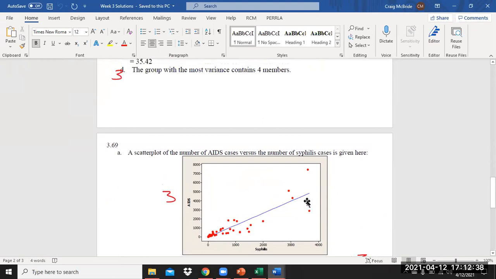And if it doesn't, you could go through your data and find them, right? Because all you're looking for are syphilis scores at basically 3,000 and above. If you could just lop off, basically remove these 4 pieces of data, then this would look a lot better. It would spread out and look much better in a graph.